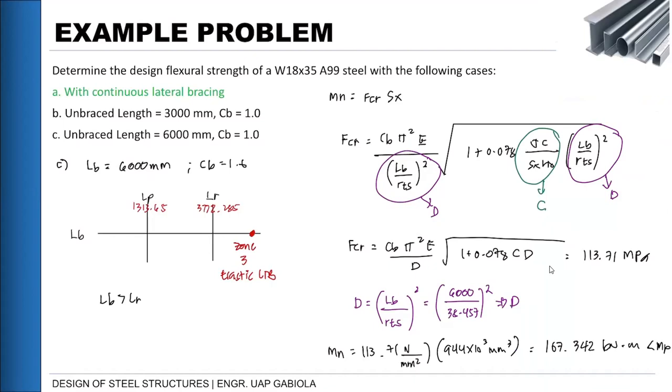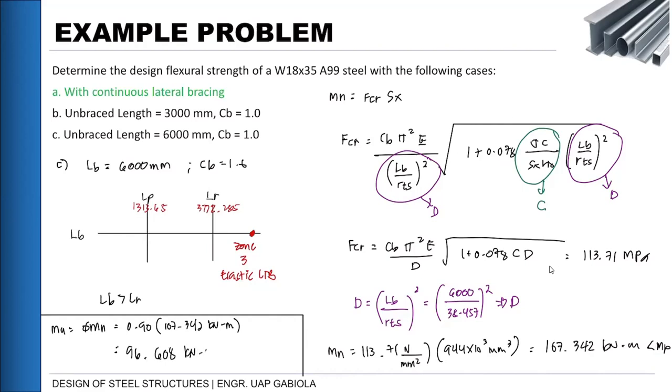Okay? Therefore, ang ating MU or ang ating phi MN for case number 3 or letter C will be equals to 0.9 times 107.342 kilonewton meter. So that will be 96.608 kilonewton meter para dun sa ating MU.